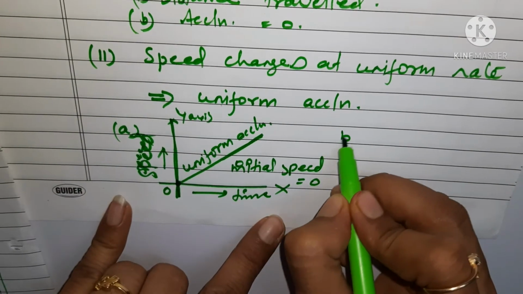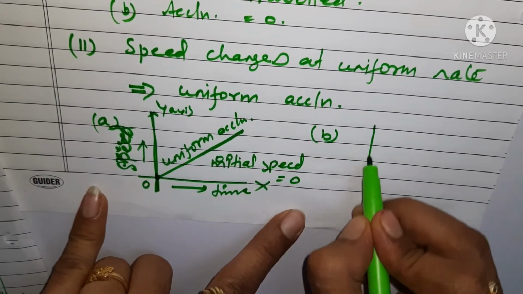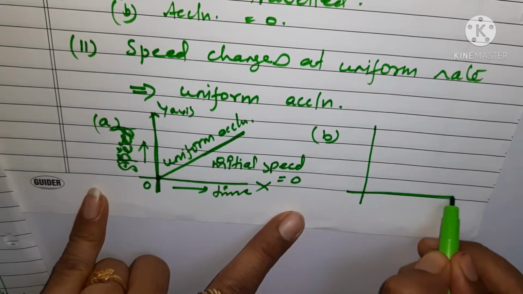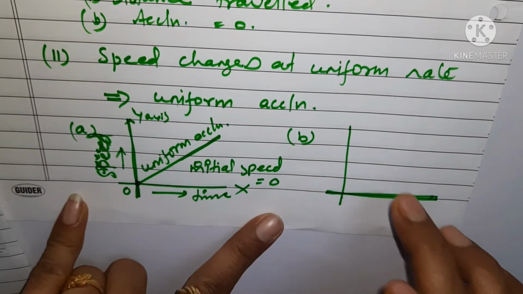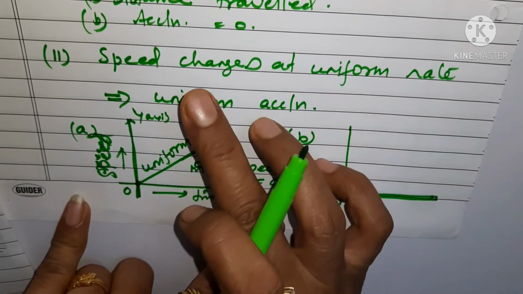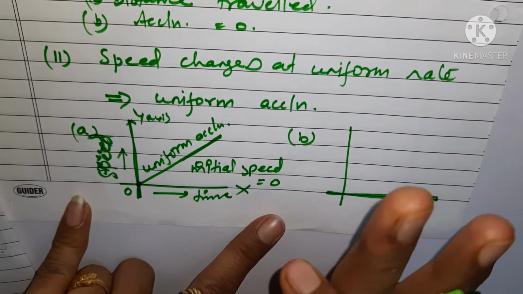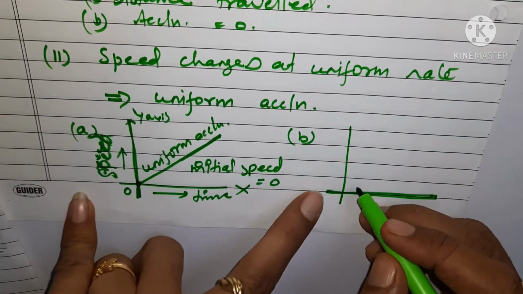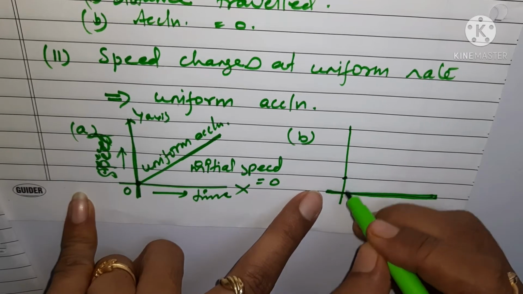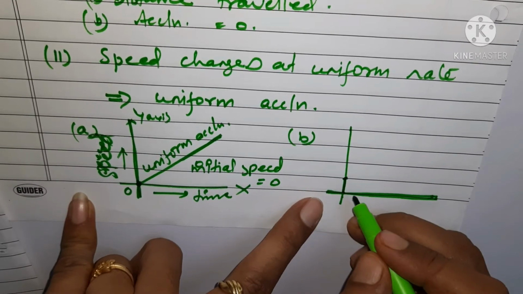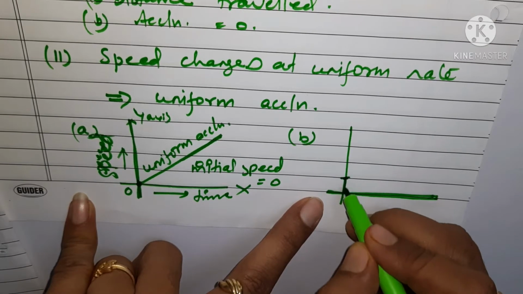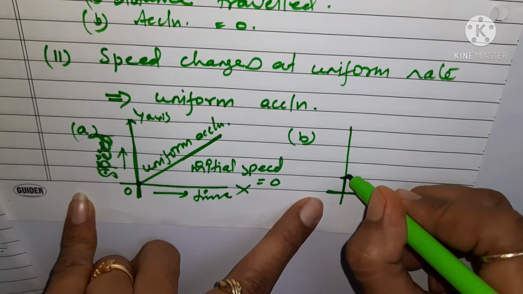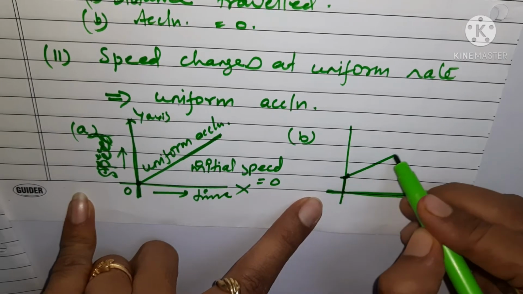The second type of graph you are going to study is about a body which again has a uniform rate of change in speed. But in this case the body does not have the initial speed as 0. It has some initial speed, so it is going to start from here.